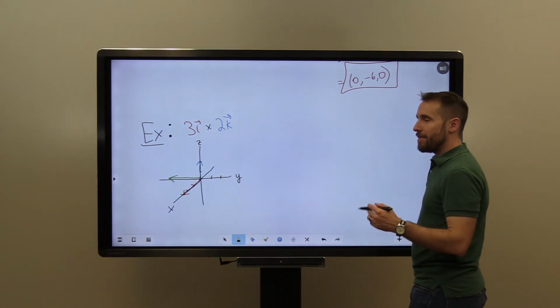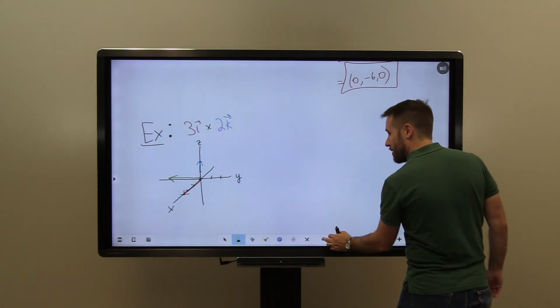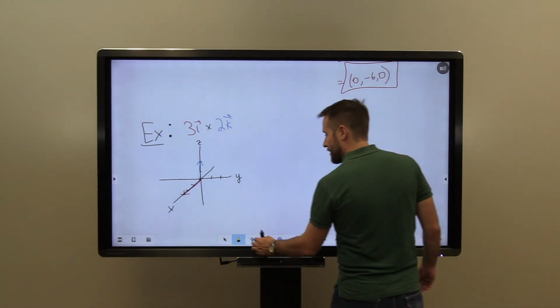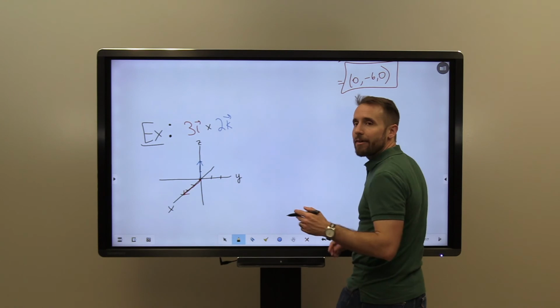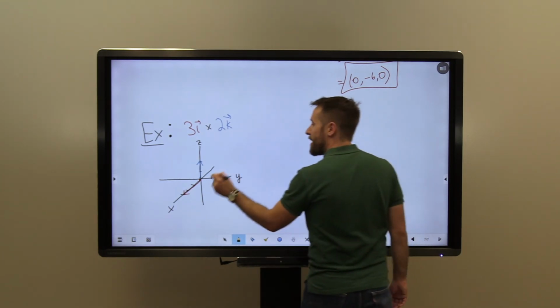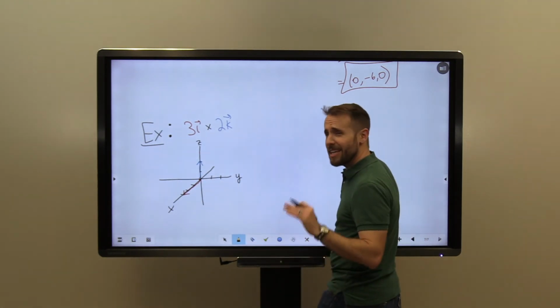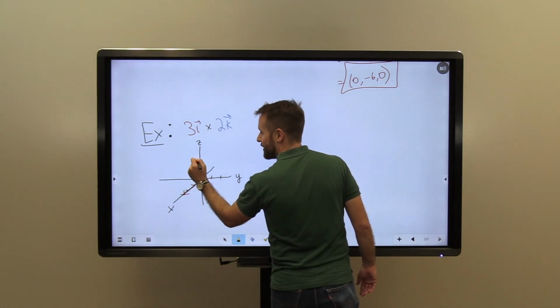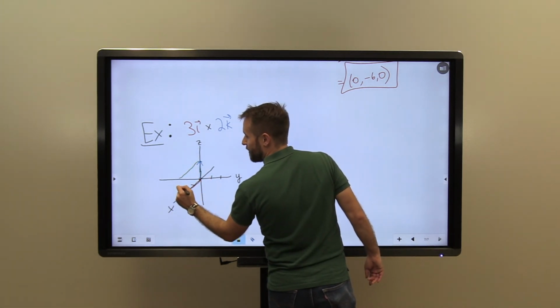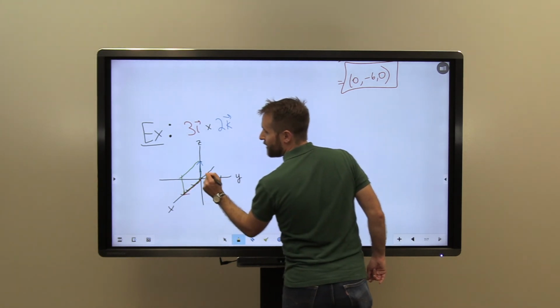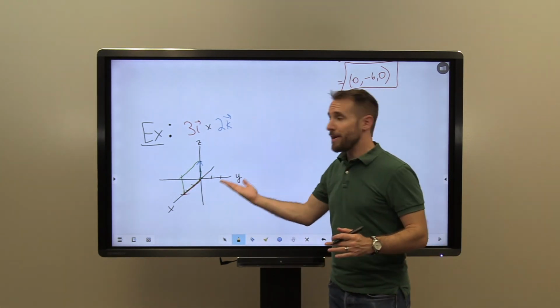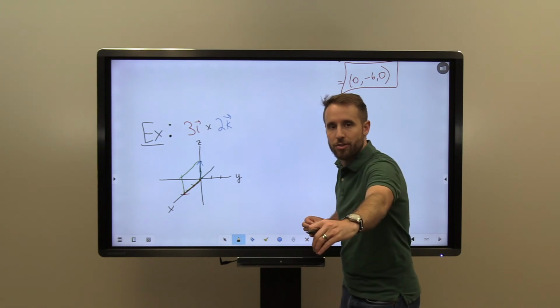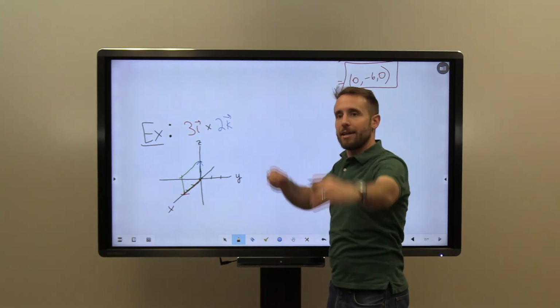To determine the length of the cross product, let's find the area of the parallelogram spanned by these two vectors. In this case, it's really easy because this parallelogram is actually a square. It might not look like a square, but remember that this is a perspective drawing, so it's going 3 units straight out and 2 units up.